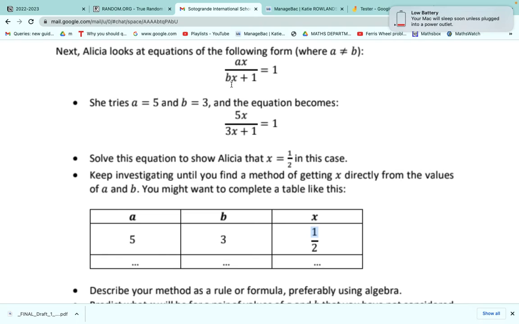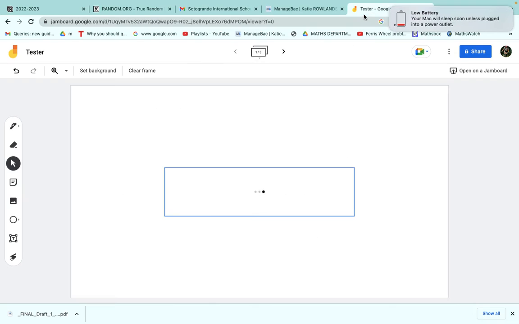So effectively, what I'm going to do is move the 3x plus 1 so it's no longer a denominator, and we're going to multiply both sides by this, so it will be moved up here. That's because we're multiplying both sides by 3x plus 1.